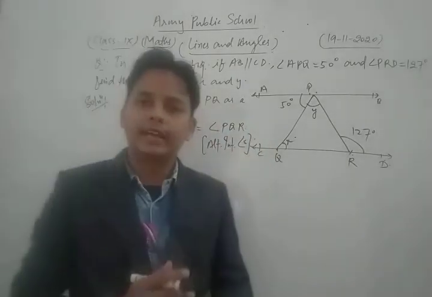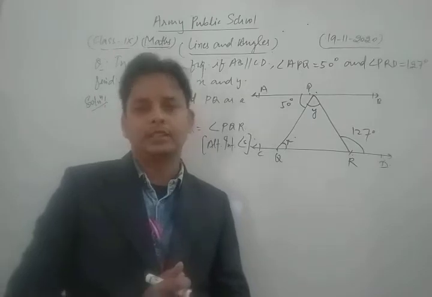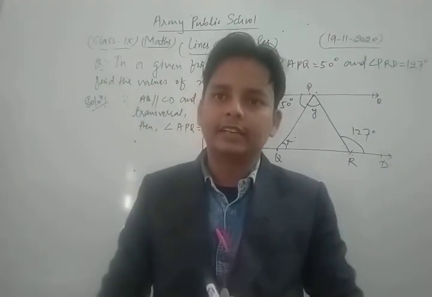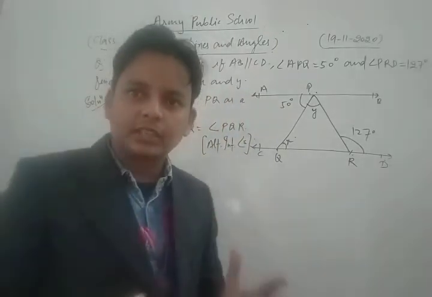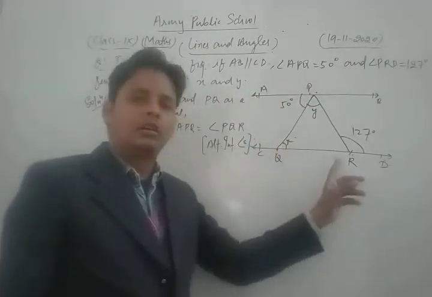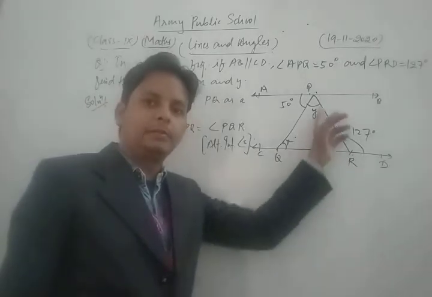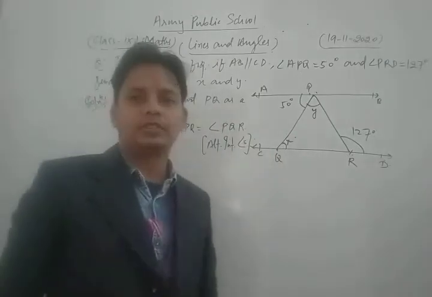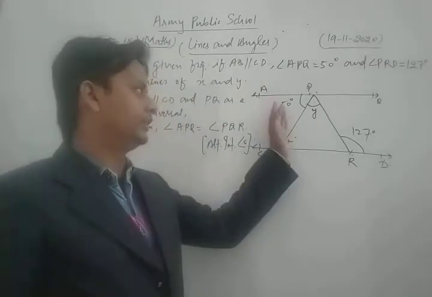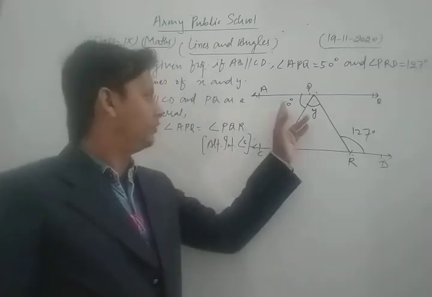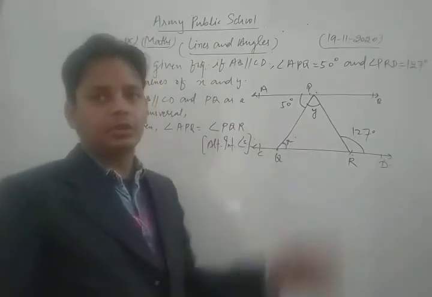We know that if two parallel lines are intersected by a transversal, then the alternate interior angles are equal to each other. So, dear students, in that figure AB is parallel to CD, and we take PQ as a transversal, so they form alternate interior angles which are equal to each other.